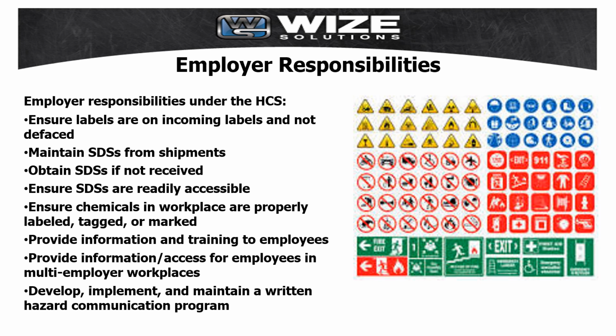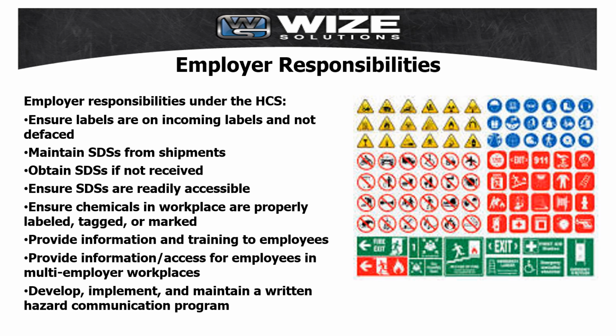Ensure that SDS are readily accessible during each work shift to employees when they are in their work areas. Ensure that each container of hazardous chemicals in the workplace is labeled, tagged, or marked properly. Ensure that employees are provided information and training to the extent necessary to protect them in the event of a spill or leak of a hazardous chemical from a sealed container.